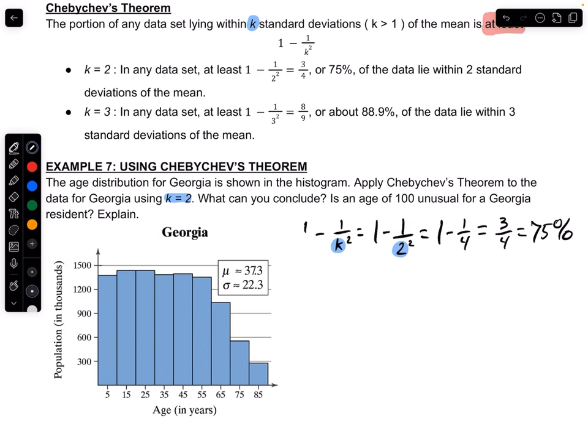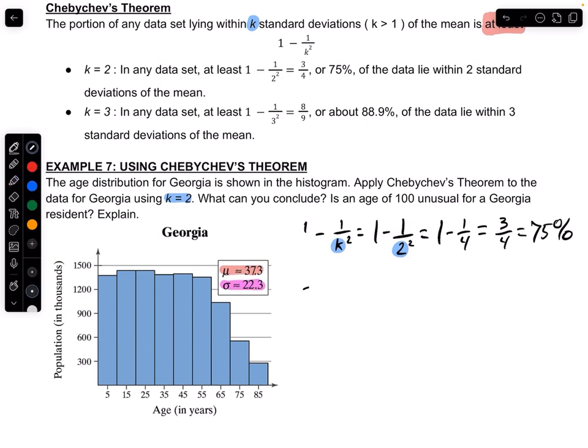All right, the next part of this is we need to look at the ages. In this box here, they give us the mean and the standard deviation. Let's say the mean we'll put in red, and the standard deviation we'll put in pink.